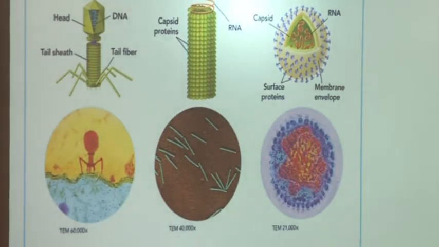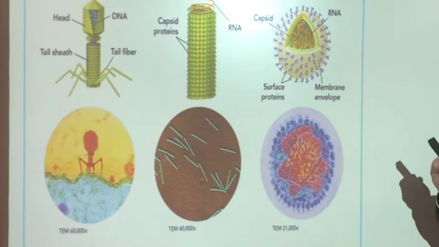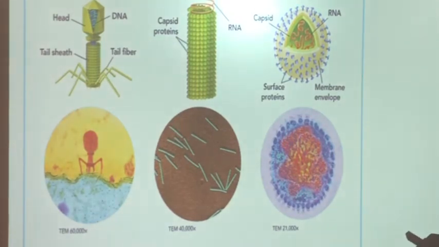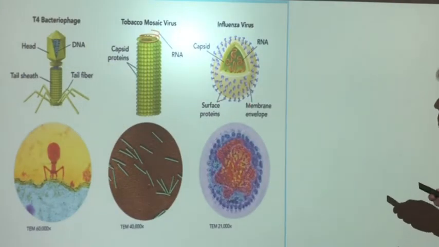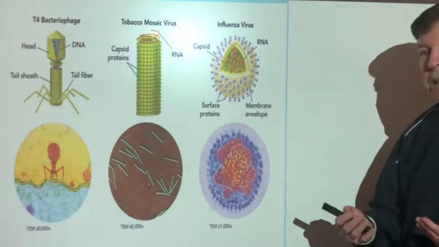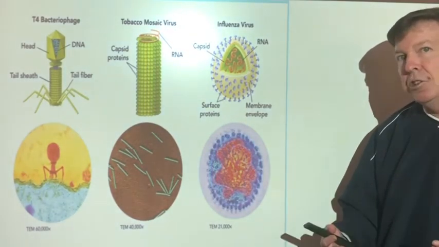We'll see with the HIV virus that it also has some similar structures to this. The coronavirus is related to this as well. So the coronavirus is an RNA virus. These surface proteins are important because they allow an attachment.